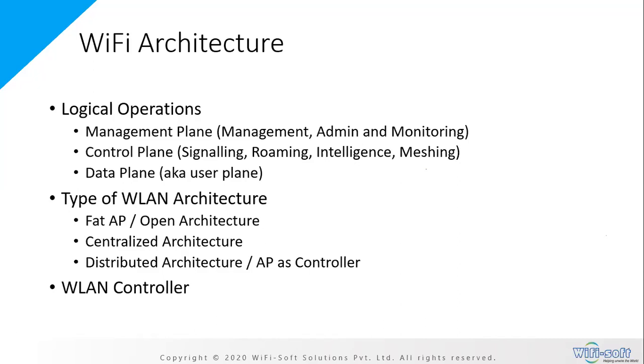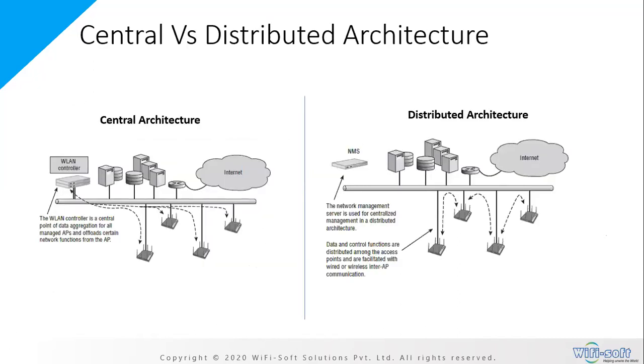Okay. I hope things are clear here in terms of how different architectures are laid out for the access point. So these are two different types of diagrams. I think I've clarified it. In the central architecture, all the management traffic of the access point is sent over to the WLAN controller, which is inside your data center or inside your server room, right?